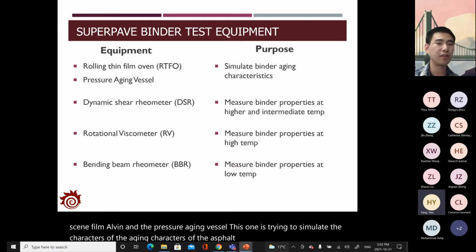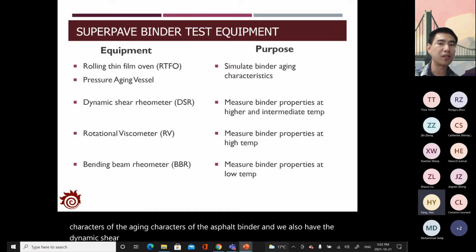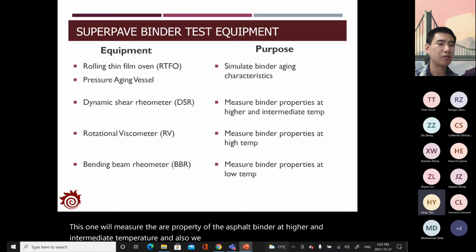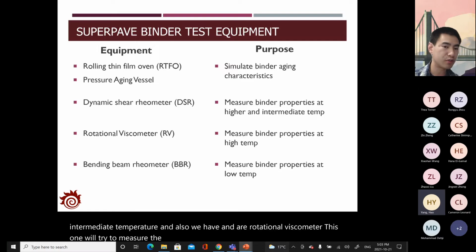And we also have the dynamic shear rheometer, DSR. This one will measure the property of the asphalt binder at high and intermediate temperatures. And we also have the rotational viscometer. This one will measure the binder property at a high temperature.